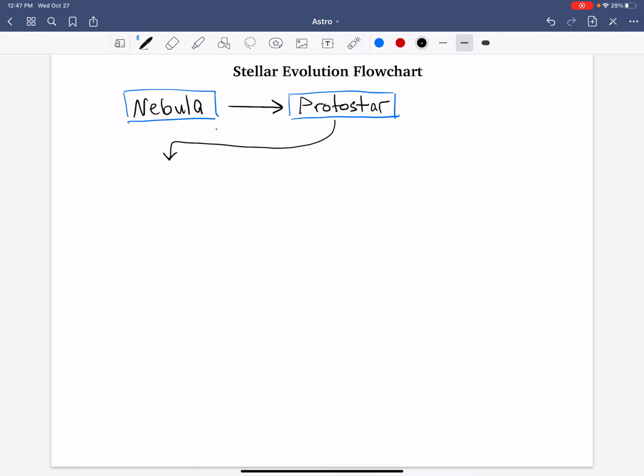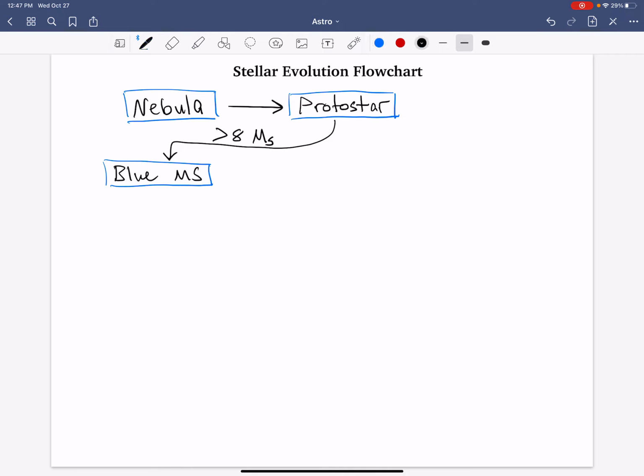We'll call this, if that protostar has greater than about 8 solar masses, M sub s is the mass of our sun, then it becomes a blue main sequence star. All right, and this is also known as a high mass star, effectively.